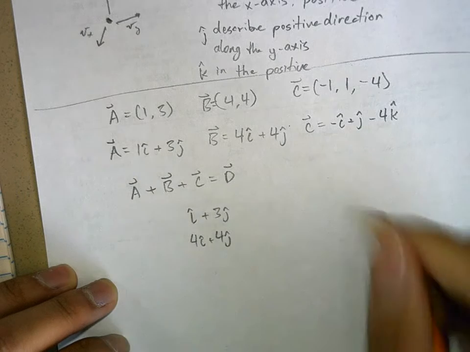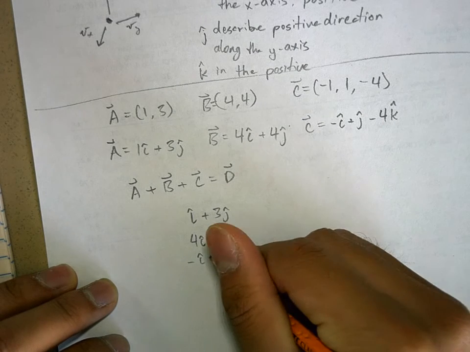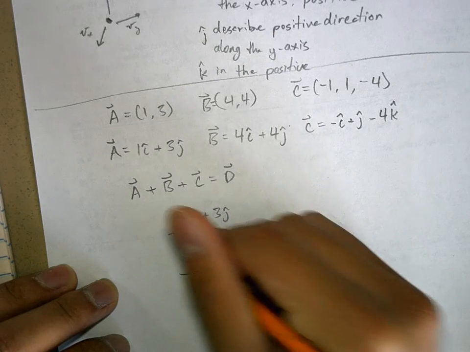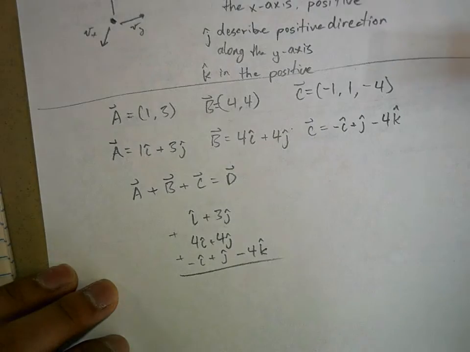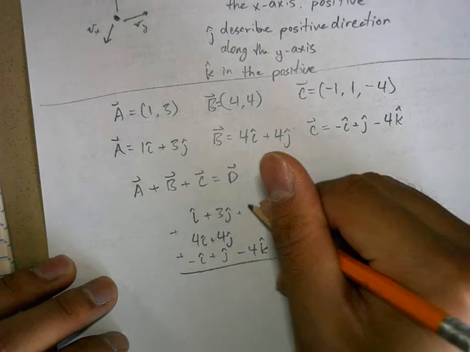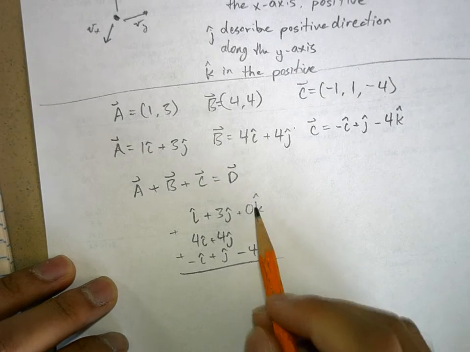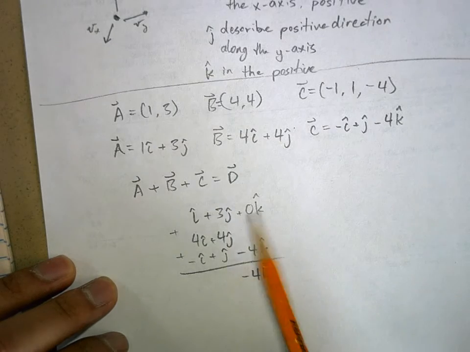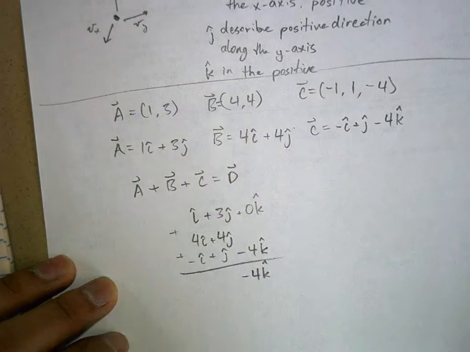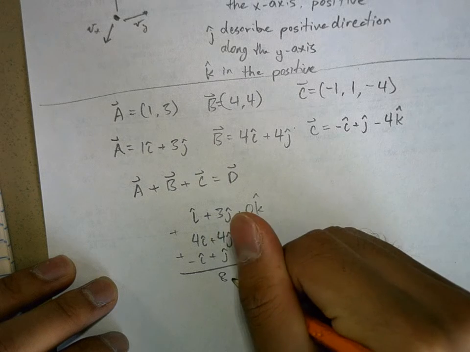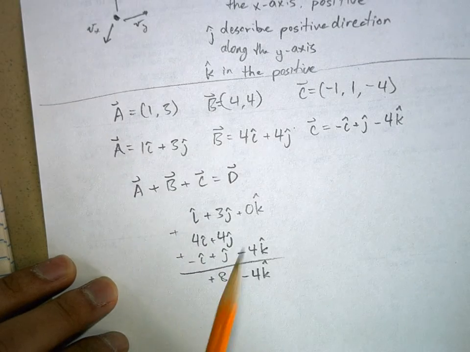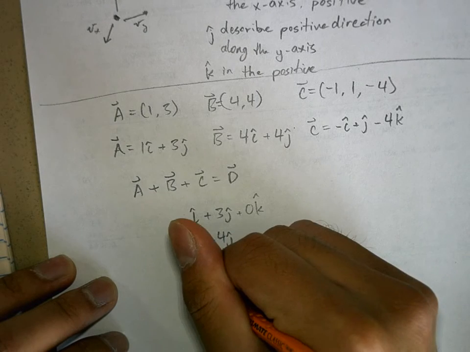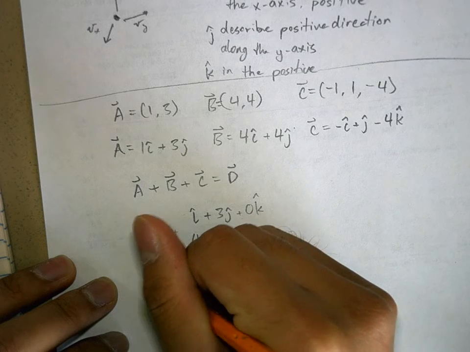And for C, you have negative i plus j minus 4 k hat. So you add all these up, going down the line. It's implied that you have a 0 k hat for A and B, so 0 plus 0 minus 4 is negative 4 k hat. For j, 3 plus 4 plus 1 is 8. And for i, 1 plus 4 minus 1 is just 4 i hat. And so we can describe the D vector as such.